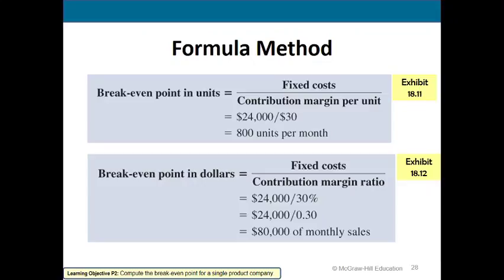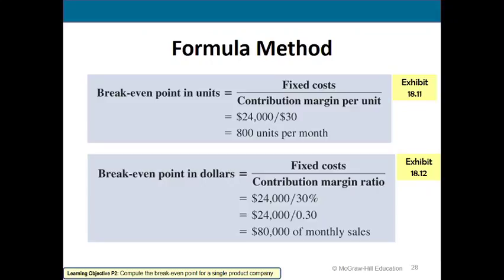Recall that our contribution margin per unit is $30 per unit, and so it's going to take 800 units per month to break even. You can verify that by figuring out, and we'll show you in a minute, the contribution margin income statement.